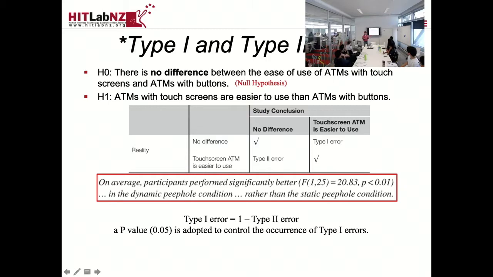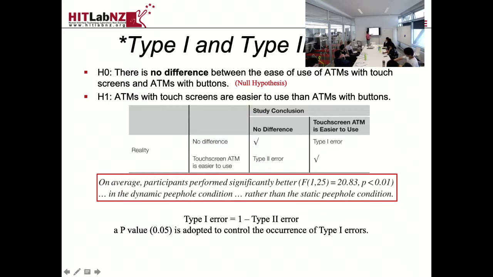There is something different. And the reason is the type 1 error. We can calculate the type 1 error like 1 minus type 2 error, which makes sense, right? Because there are only 2 errors, type 1 or type 2.